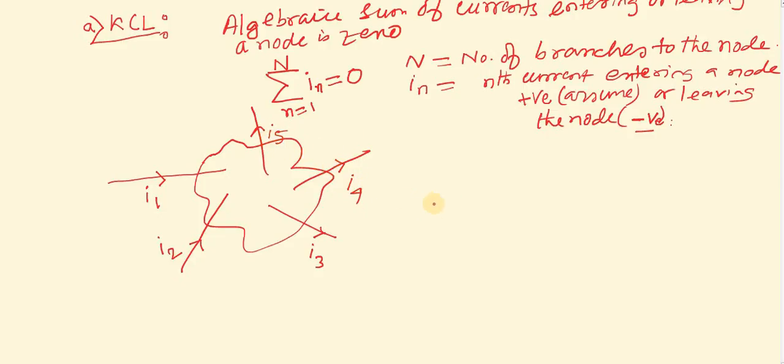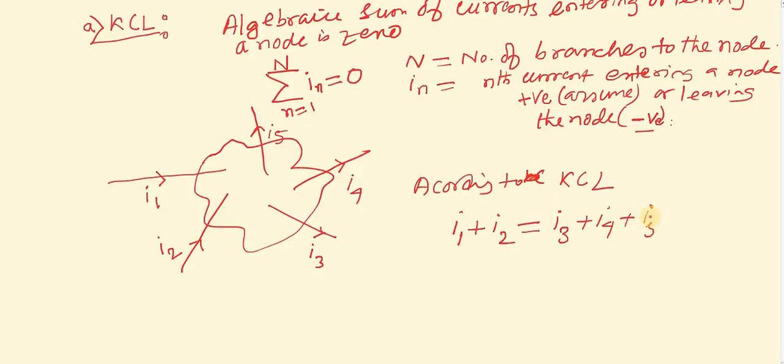So according to KCL, current I1 plus I2 will be equal to I3 plus I4 plus I5.